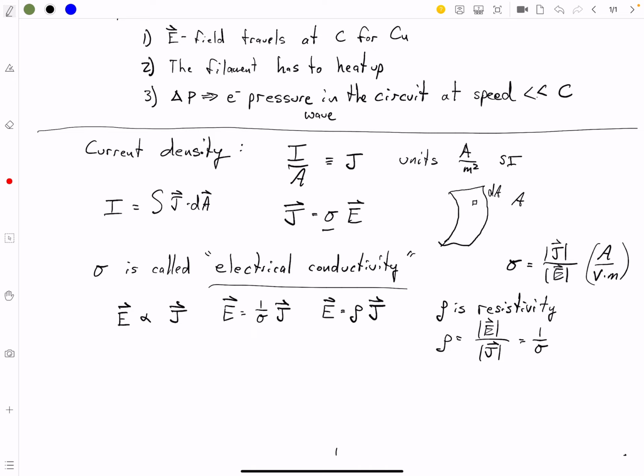Resistivity is actually in ohm meters. And it's the same thing as 1 over sigma. But if you notice, that would just mean volt meter over amps. Well, a volt over an amp is an ohm, right, from Ohm's law. And then there's our extra meter right there.